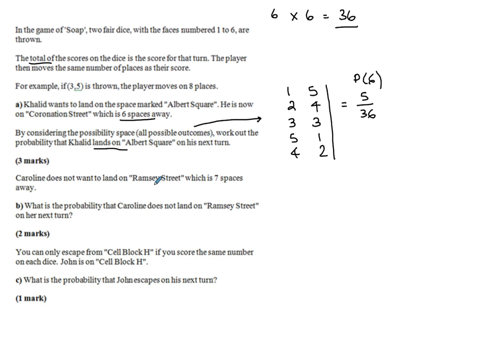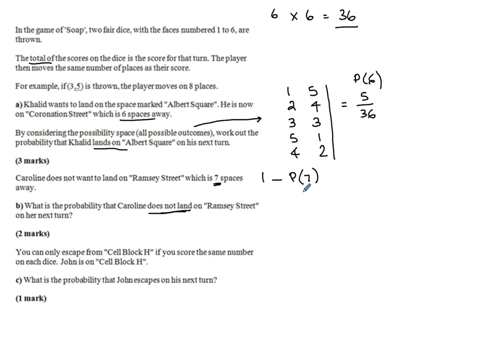Caroline does not want to land on Ramsey Street, which is 7 spaces away. What is the probability she does not land on Ramsey Street? So she doesn't want to land, so we're looking at 1 minus the probability that she lands on 7.